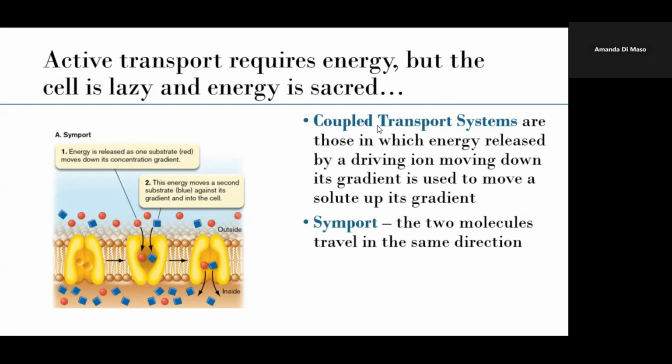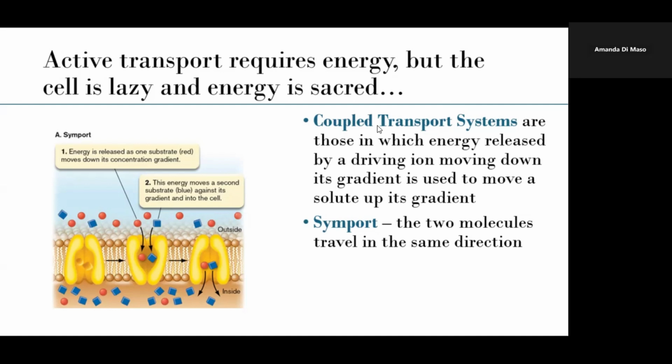So if I wanted to move the blue against their concentration gradient, that would require energy. I don't want to use ATP because that's a very valuable energy source. So because there's already a gradient of the red guys here, I can capture that movement flowing energy of them down their gradient to kind of sneak one of the blue ones in too.